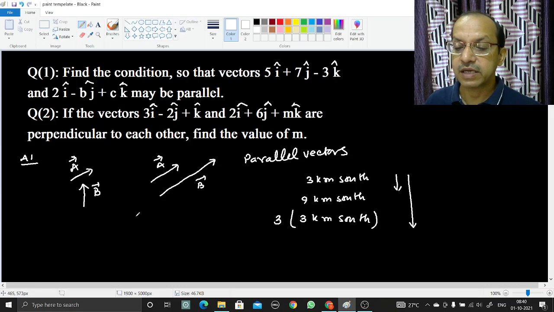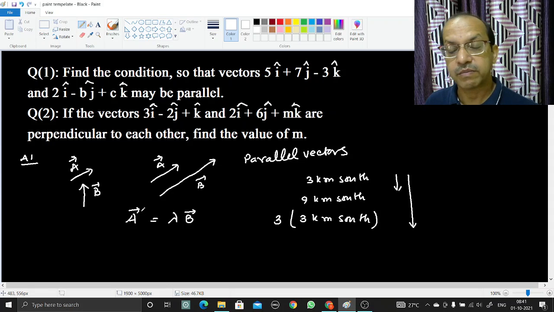What does it mean? It means if there is a vector which, when multiplied by a scalar quantity lambda, gives another vector, the two vectors will be parallel. Or you can say if a vector can be obtained by multiplying another vector by a constant quantity, then these two vectors will be parallel.